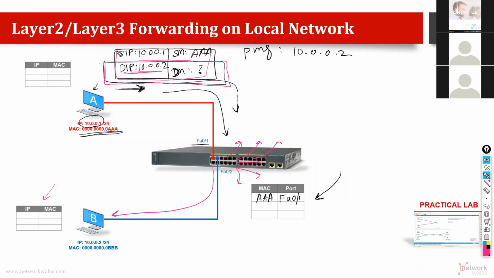From this frame which was sent, what is the useful information for B? This top row. B does not want to learn about ports and all of that. So B will say, okay, I have found this useful information that there is someone with a source IP address of 10.0.0.1 and a MAC address of AA.